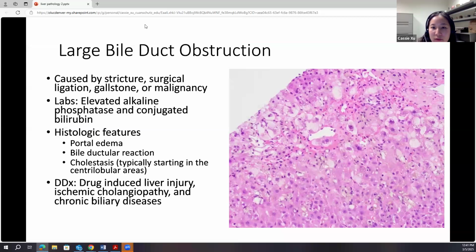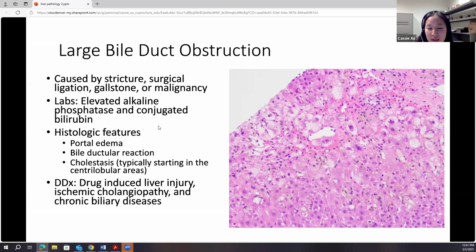The other thing that we consider for a cholestatic or biliary type liver injury is large bile duct obstruction. This is caused by stricture, surgical ligation, gallstone, or malignancy. We see this a lot with our post-transplant patients.